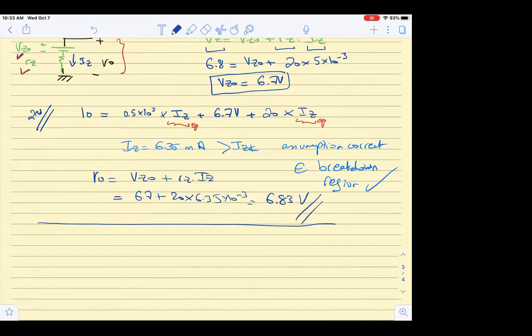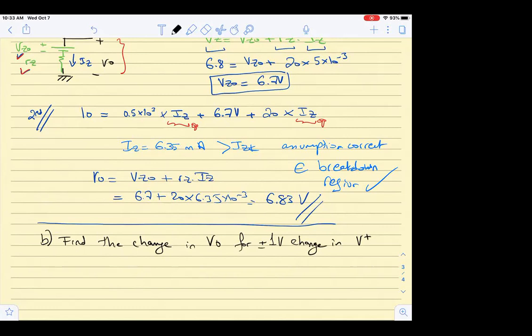In part B, they are going to ask us to introduce some fluctuation. So in part B, they are asking us to find the change in VO. How much will VO change, given that we have no load, for plus or minus 1 volt change in V plus? That is, if the supply fluctuates, how is VO going to change?